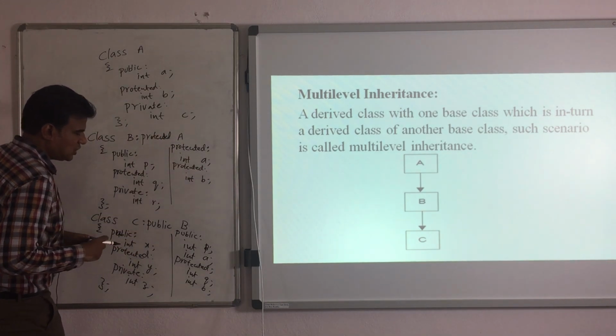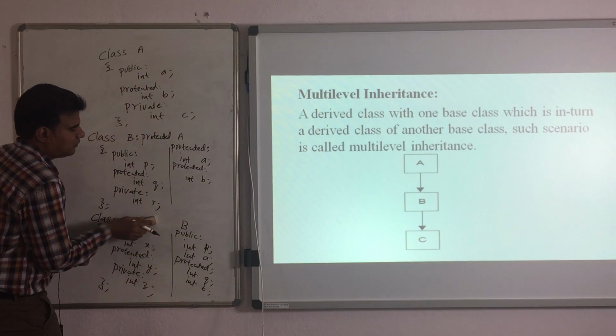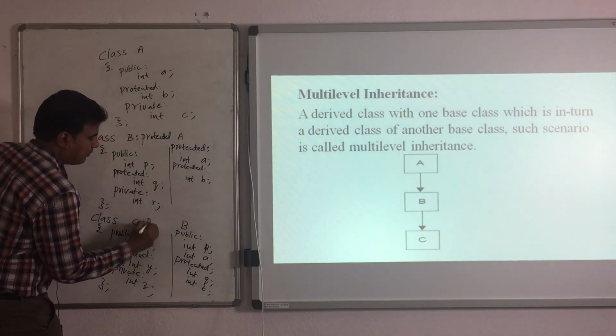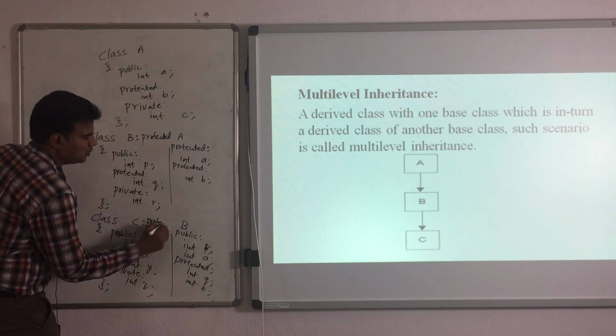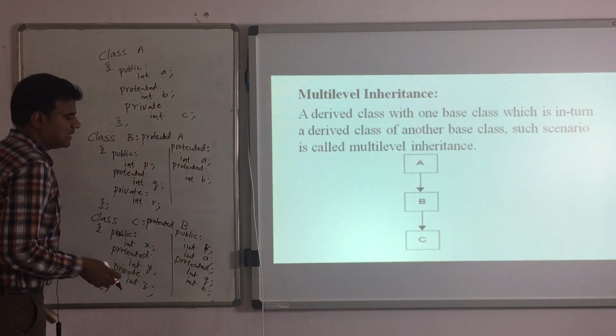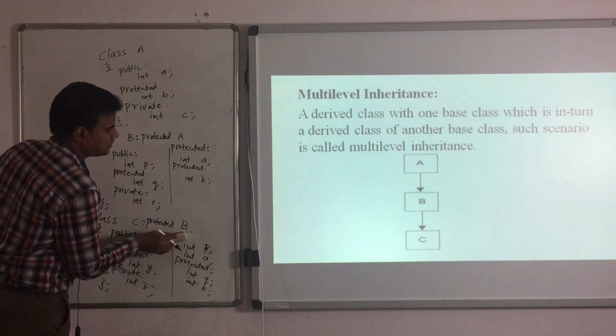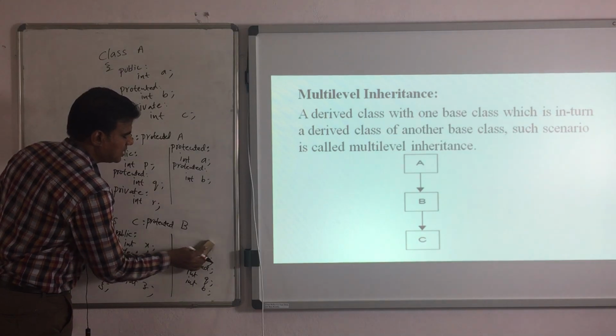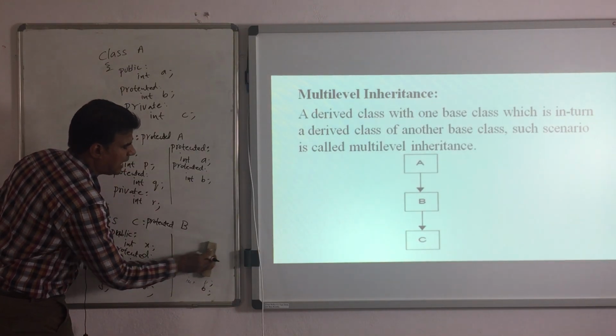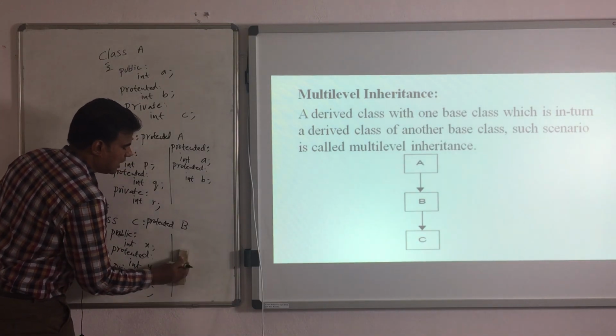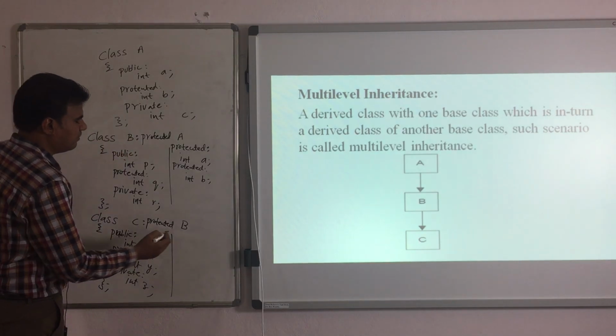If I change the mode of inheritance for C class also to protected, then what will happen? Same thing here, no public concept now. All the data members which I have inherited from A and from B will become protected.